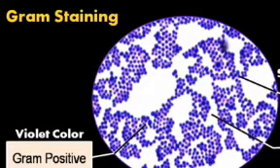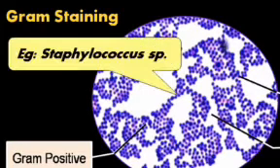If it is a spherical shape, then the bacteria is cocci. And if the cells are arranged in clusters, then it is Staphylococcus species.